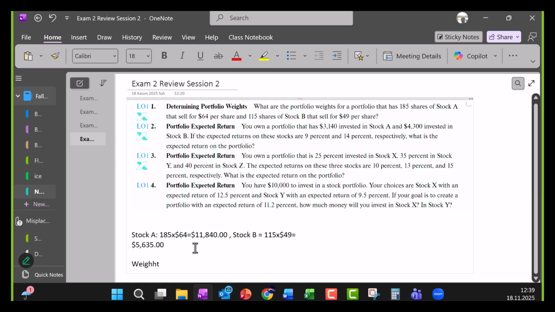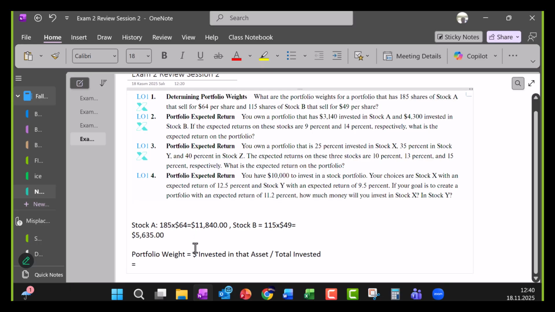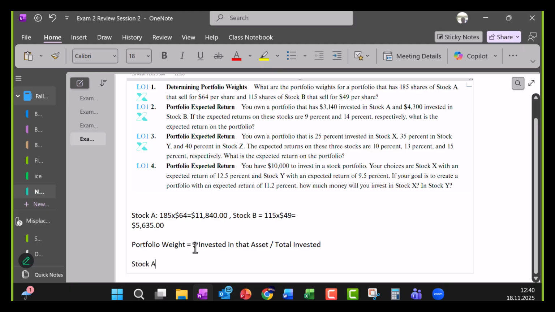Remember, portfolio weight for any asset is dollar invested in that asset divided by total invested. So for stock A, we have 11,840 divided by 11,840 plus 5,635, which is 67.75%.